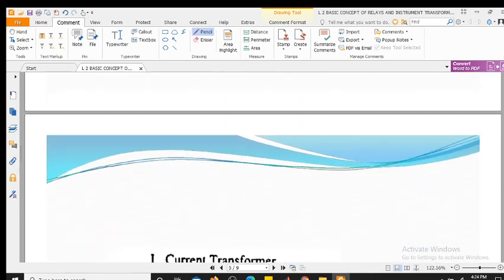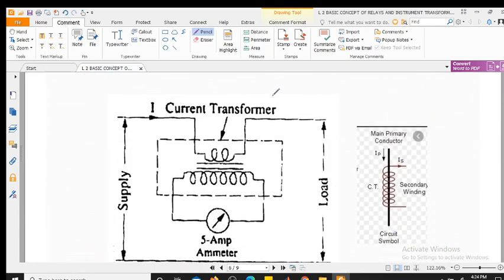See, this is the diagrammatic representation of a CT. This is the primary winding and this is connected to the line, and this is the secondary winding. Always the secondary of CT should be closed by an ammeter. Usually this ammeter will be rated to 5 amps. The basic representation will be like this.